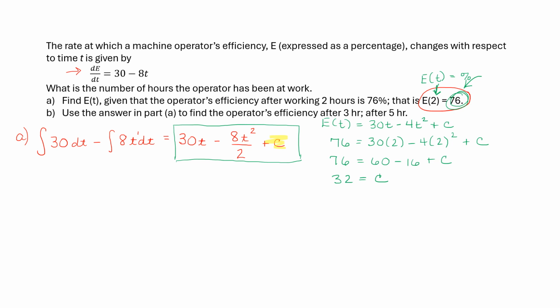Now that we actually know the value of c, we can say that E of t is equal to 30t minus 4t squared, and instead of plus c, we know c is 32.